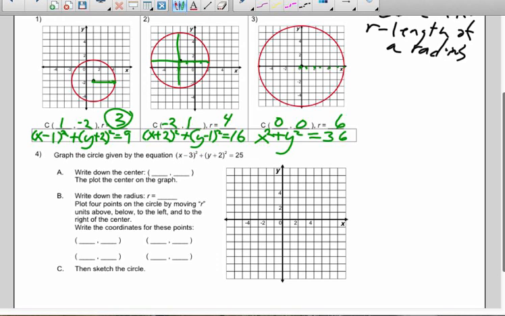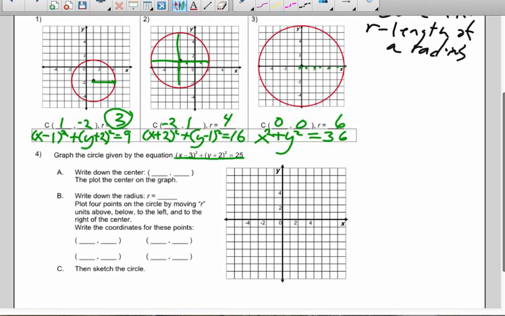Okay, so this is given a graph. Now, on number 4, the bottom part of this, we're actually going the other way around. They gave us an equation, and we're going to have to sketch the circle. So step 1 that they've got here is write down the center. So you take a look at the number here. It's a minus 3. So you change that sign.